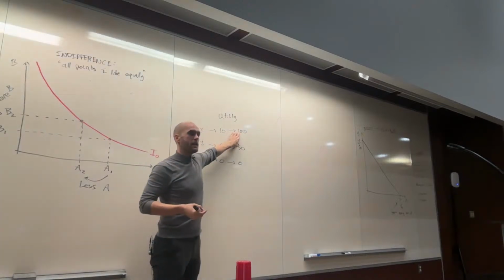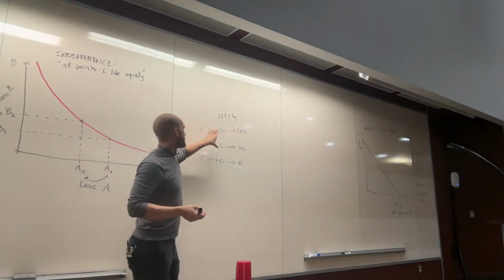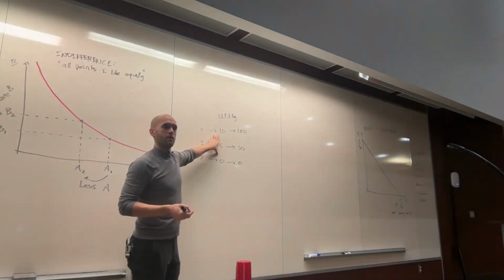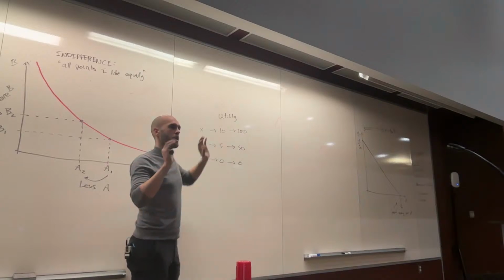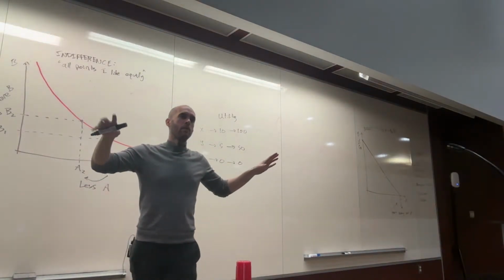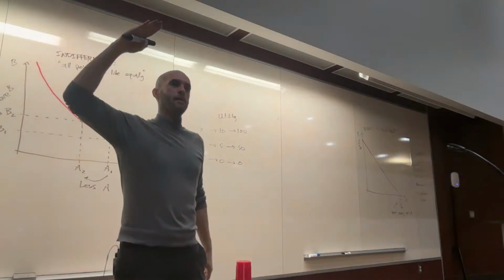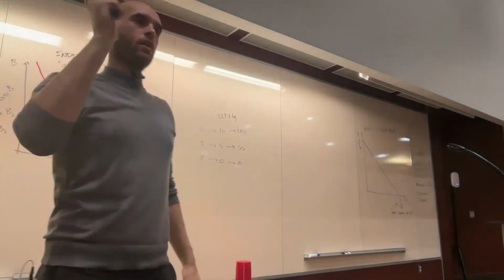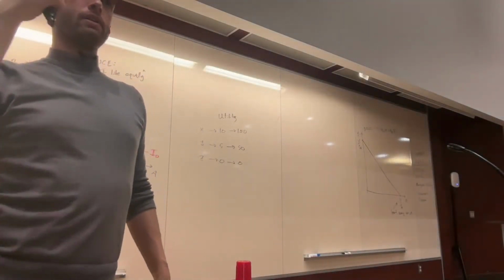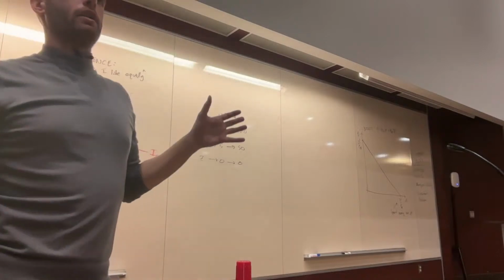These numbers give us the same rankings as these numbers. The number itself is meaningless, but what it tells us is a ranking. As long as the numbers give us the ranking, then it's a utility.